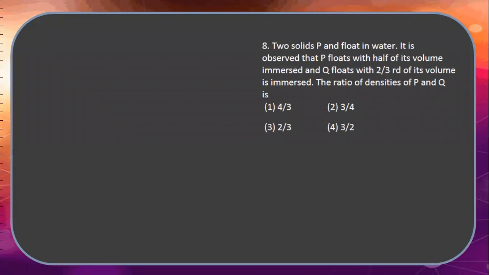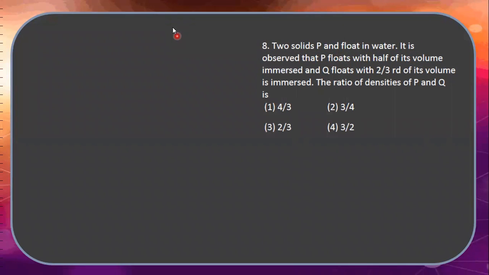It is observed that P floats with half of its volume immersed, and Q floats with 2/3 of its volume immersed. Then find the ratio of the densities of P and Q.